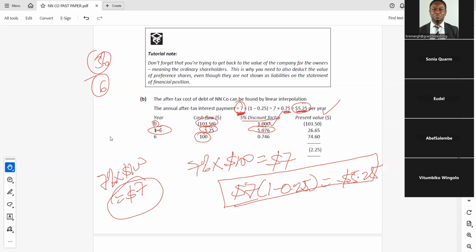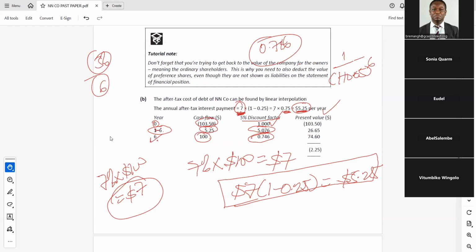So you have the 5.076 here. Then on the 6th year, we rather need the discount factor, because it's just 1 year, year 6. We need the discount factor for year 6, 5% of year 6, and that is 0.746. So 1 over 1 plus 0.05 to the power 6. And that will give us this 0.746.